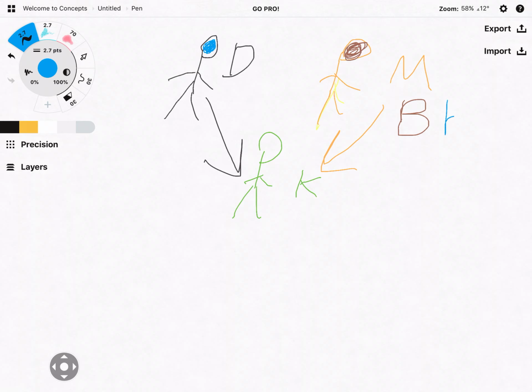So let's say that the mom had one for blue eyes and one for brown eyes, and the dad had two copies for blue eyes. So one thing that we need to notice is to actually get the blue eyes, you need to have two copies of blue.